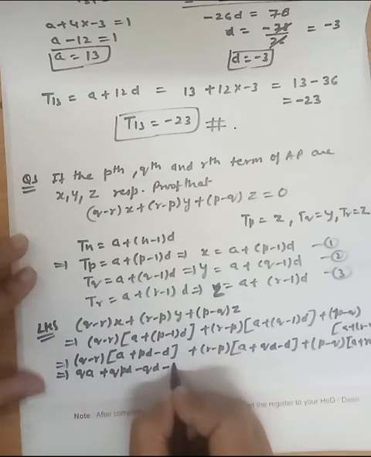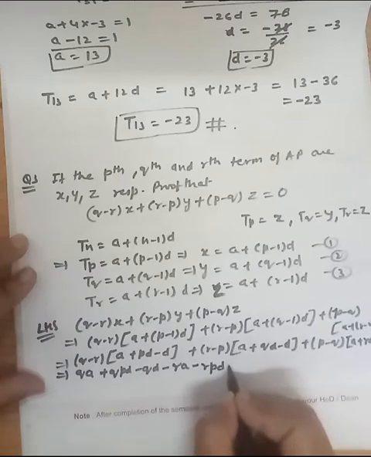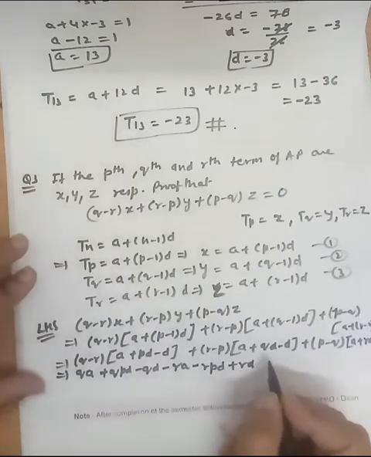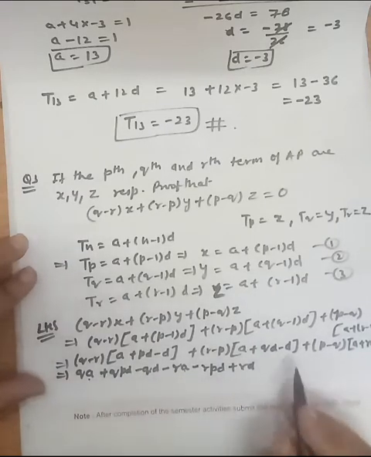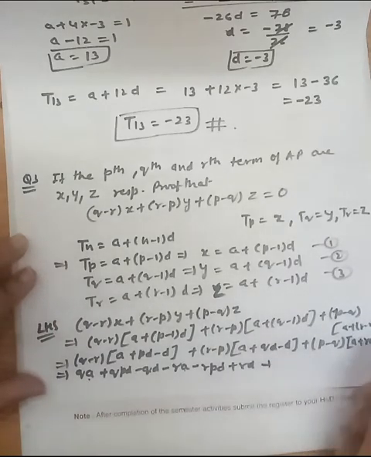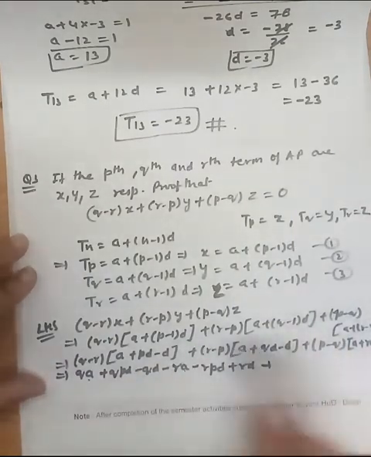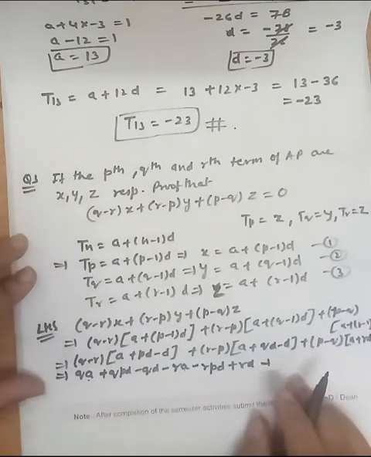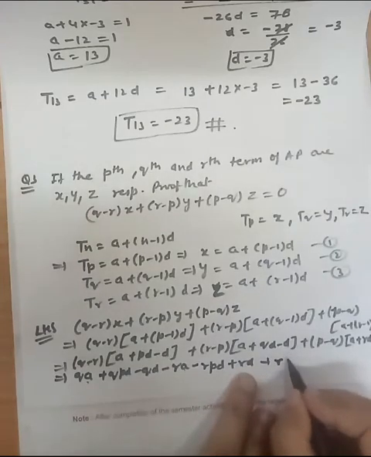If you multiply the first two factors, we get six terms. If you open this one, you again get six, and this one also six. Total 18 terms are here, and you see all terms are cancelled, and the value comes 0.